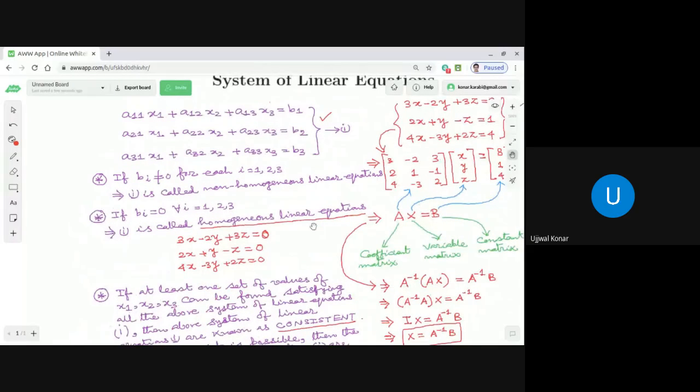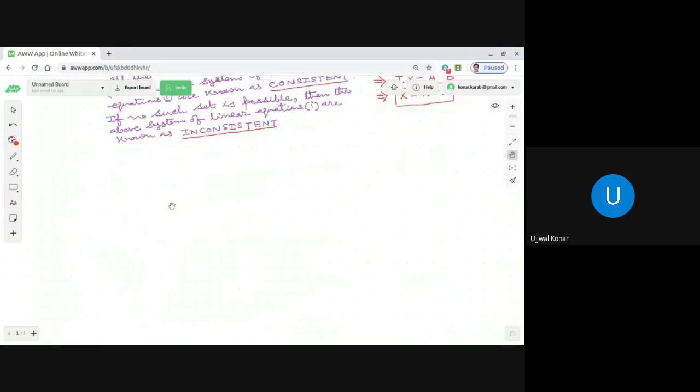The same system of linear equations 1 can be written as the matrix with rows A11, A12, A13, A21, A22, A23, A31, A32, A33, and that is known as the coefficient matrix.